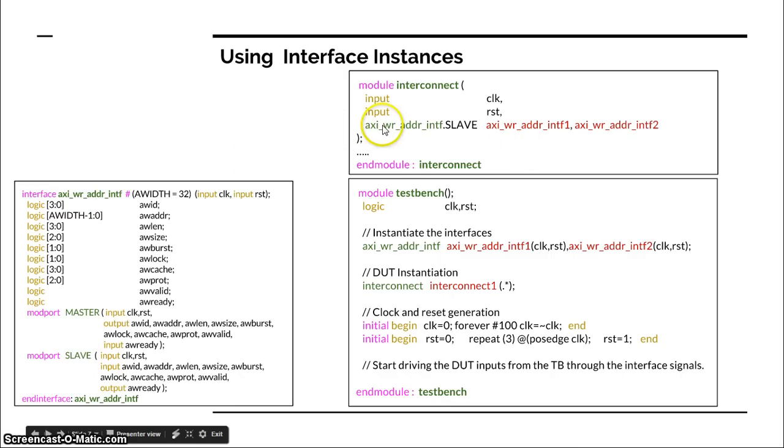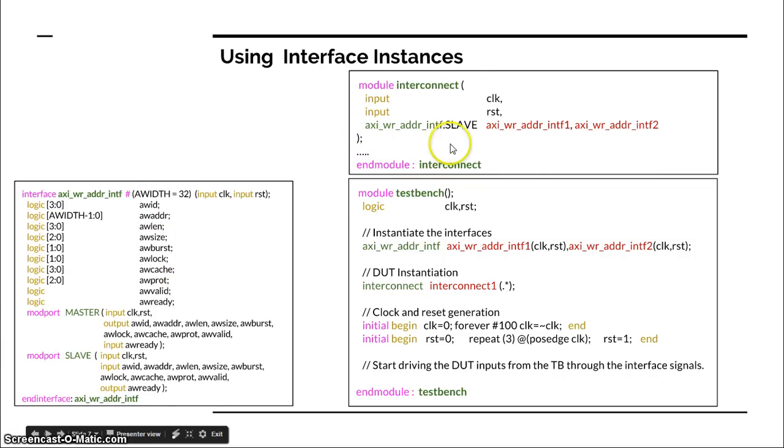And with this simple sentence, you are able to list out two sets of AXI interfaces to this module. If you are not using an interface here, you would have to list out all these signals explicitly twice. And another thing is that there will be submodules within the top module, and wherever you are passing these AXI write channels, there are all the places you would have to list out all the signals specifically.